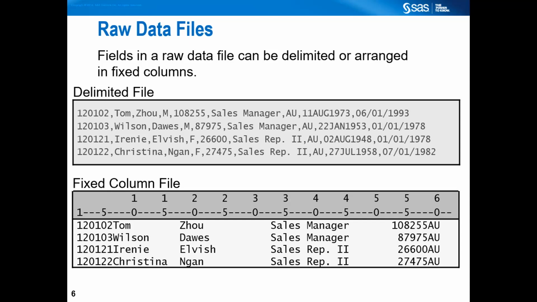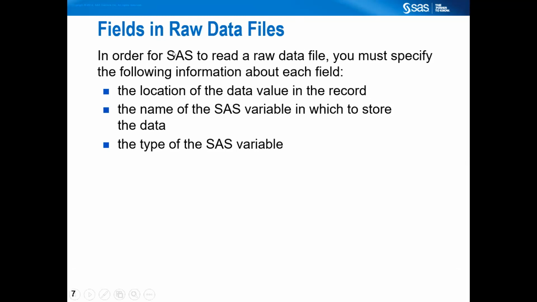So in order for SAS to read the raw data file, you must specify the location of the data value in the record, the name of the SAS variable in which to store the data, and the type of variable. These three instructions we have to give within our data step.